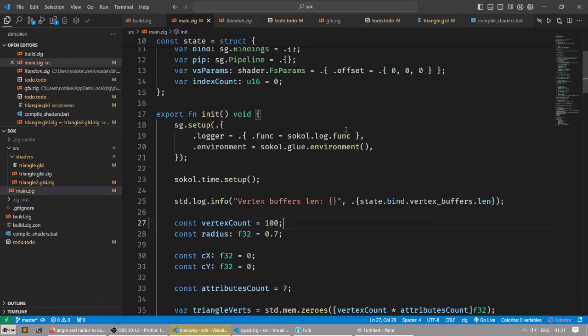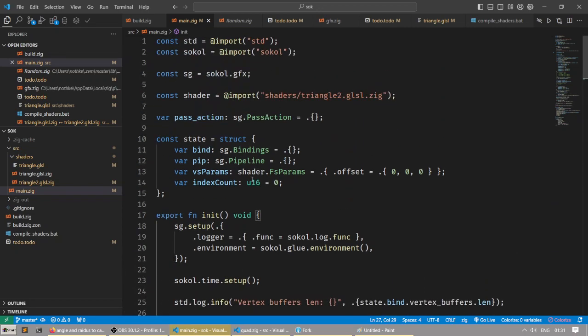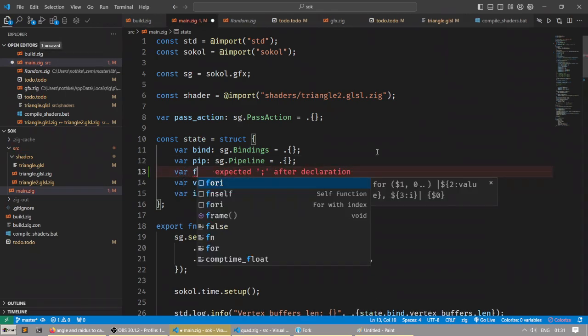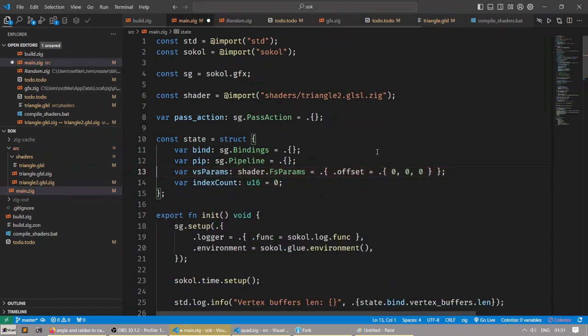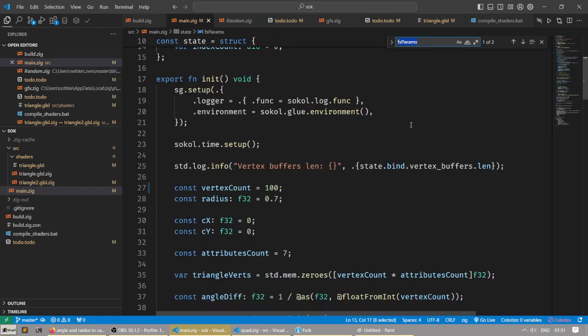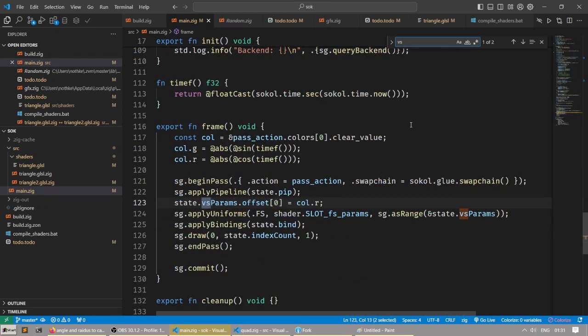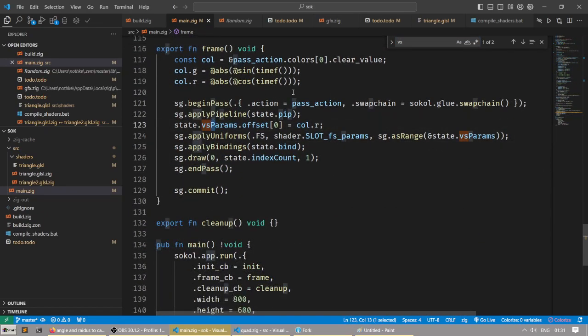Okay, so what we need to do now is we need to have, oh, this is actually fs params. This is not vs params. And where are the vs params? Yes, state fs params.